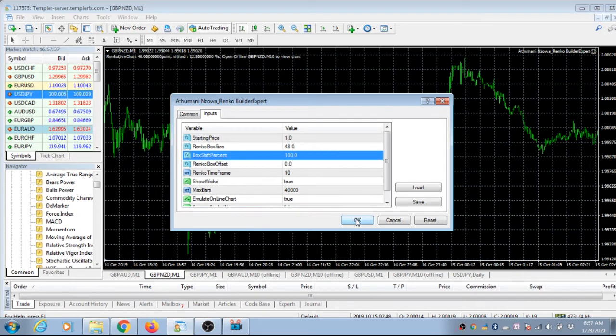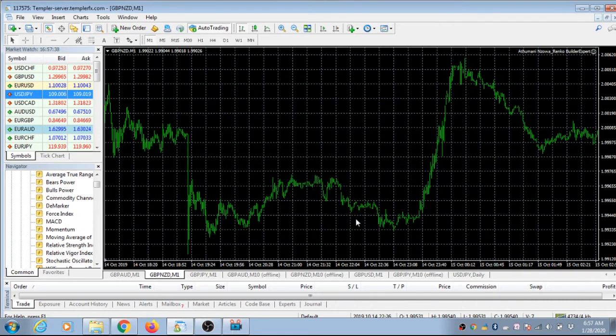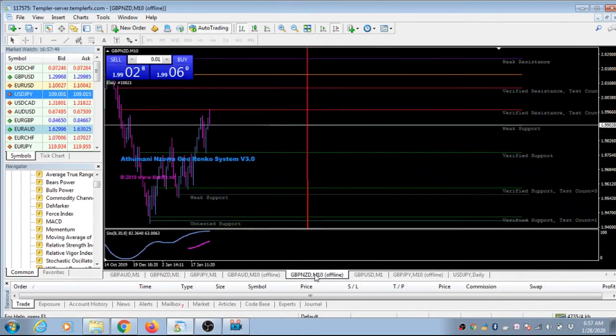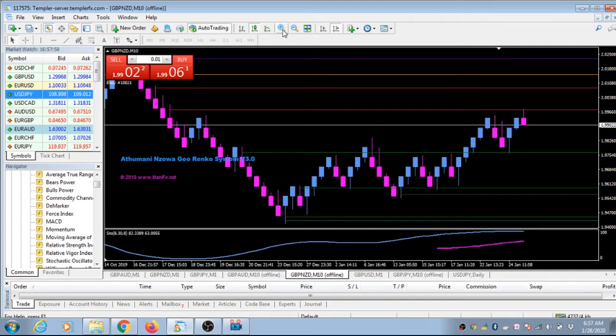But the standard Renko chart, this is how it would look. GBP NZD. Wait a second, it's loading, and then let me put back the candlestick. So the standard Renko would look exactly something like this. It means that each Renko box would look like this.